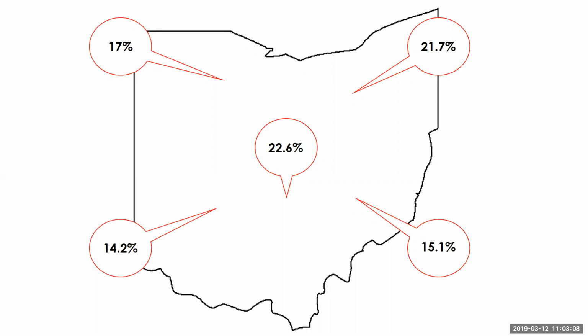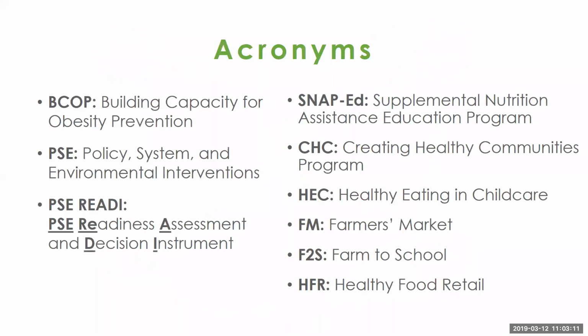Now, whether you are new or know a little bit about the PSE Ready tool, we want to make sure that we share some useful acronyms with you. But given your positions, we know it's likely not the first time that you have heard them. So you've already heard me mention BCOP, which is the Building Capacity for Obesity Prevention. And that's the name of the project that we are working on.